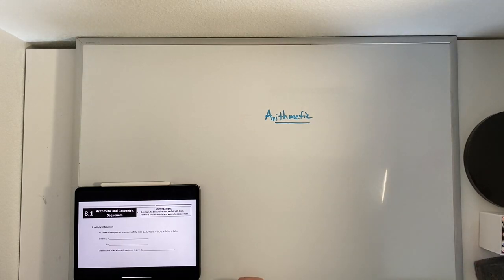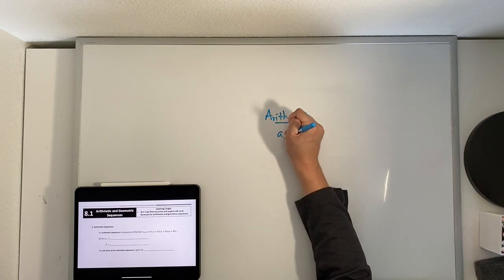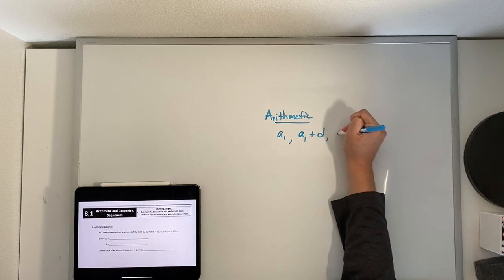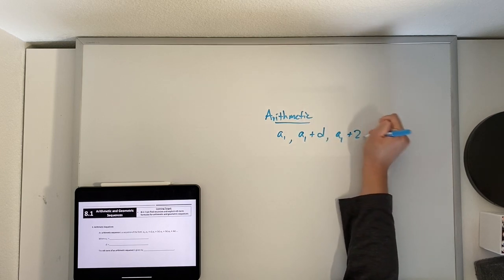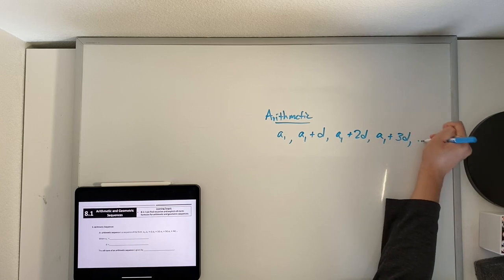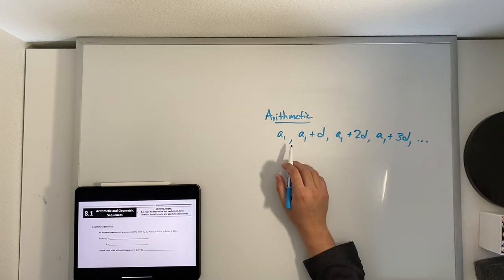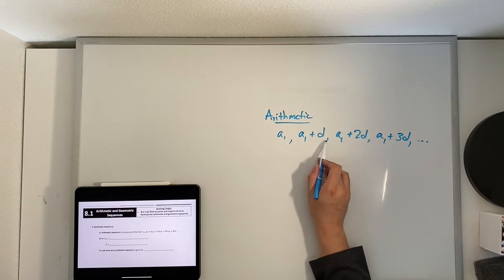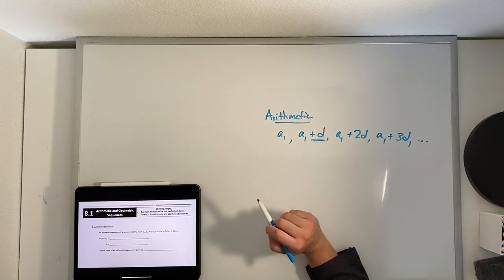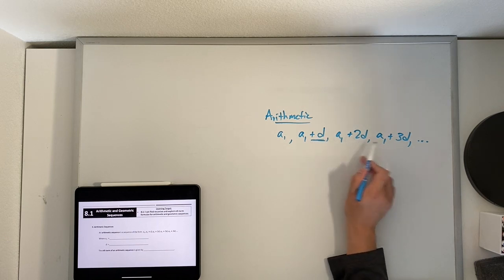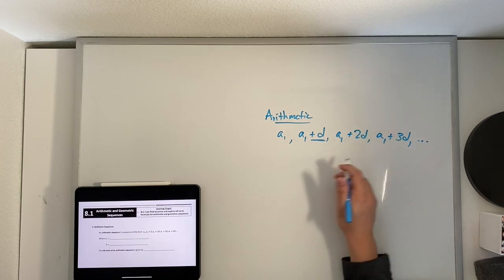And an arithmetic sequence is a sequence of the form A1, and then A1 plus D, and A1 plus 2D, and A1 plus 3D, and so on. So the difference between one term and the next is this value of D. And notice it's staying constant as we continue to more terms.